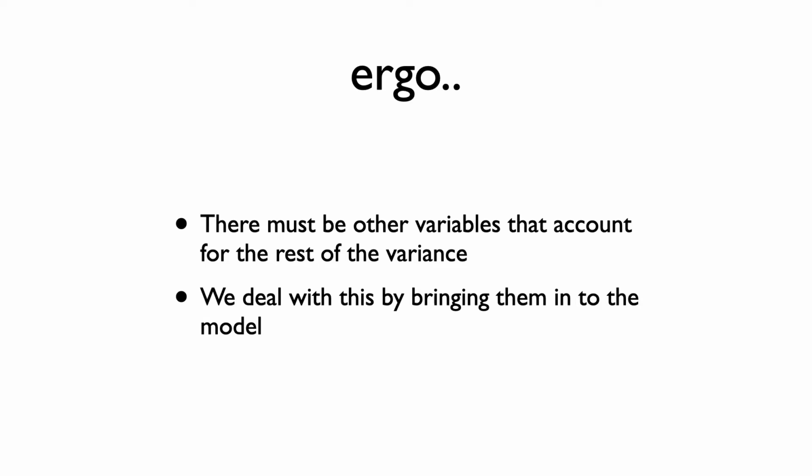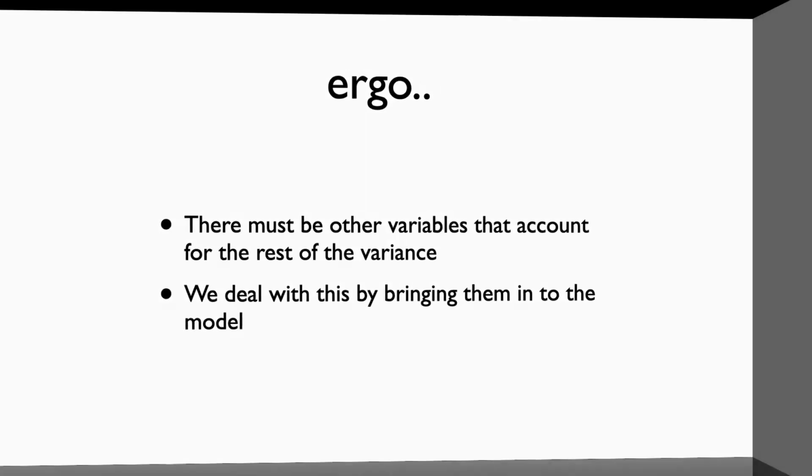How do we do this? We bring these things into the model. We bring them into the model, sort of like we did the same sort of thing with analysis of variance. We bring in other variables. That's the same idea. So here's an example.